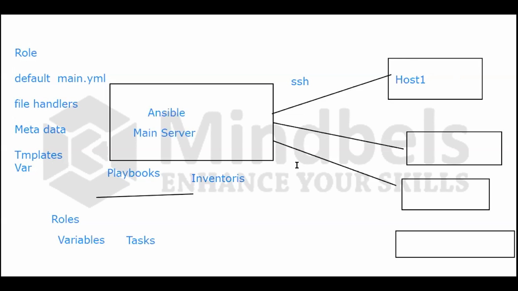So the one thing is, the default main YAML file means, in the role, what will be the default things? Suppose in a role we have defined nothing, only a default. When we are defining roles, we have said defaults, and in front of defaults we have mentioned main.yaml, that is our main file.